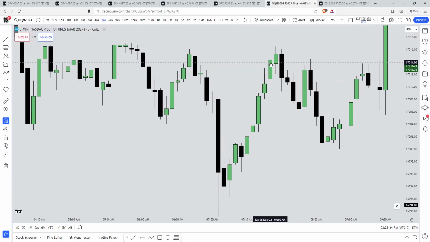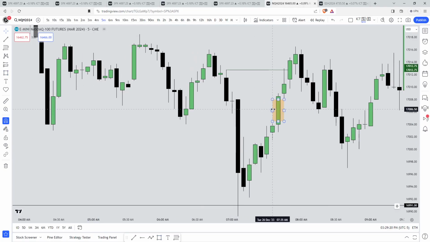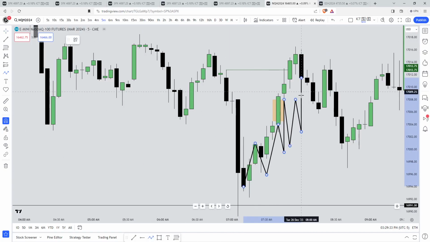If price closes above that, which it does right here, and creates a fair value gap in the price leg from low to high. Again, it either needs to create the fair value gap in this price leg, or it needs to be overlapping up in here. The reason is because if it's just constantly chopping around, moving back and forth, it's not smart money's footprints for higher prices.